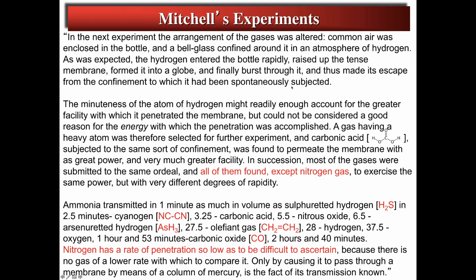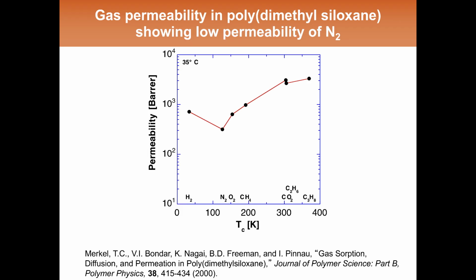And this was what Mitchell had observed as well, that nitrogen was the slowest gas to permeate through these membranes. Now we'll learn that that's because of the relatively large size of nitrogen, which makes it slow to diffuse, and also its relatively low solubility in many polymers. And so both of those factors combine to make nitrogen slower moving through polymer membranes than virtually any other gas that one might use among the simpler gases.